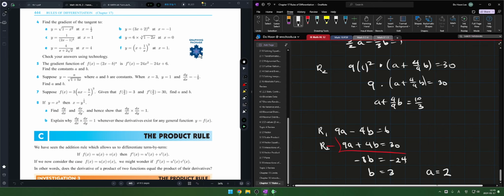Voila. Yes, yes. a equals 2, b equals 2. Okay. We good with this?